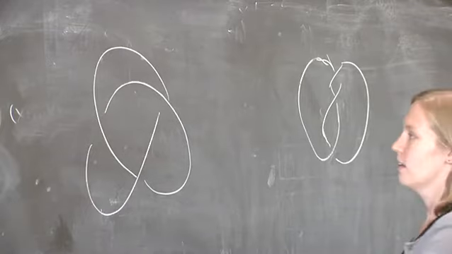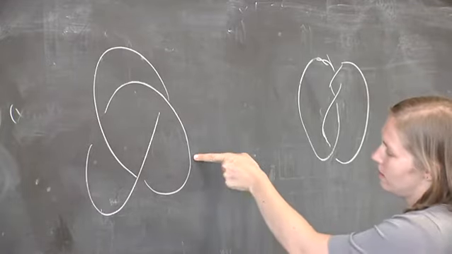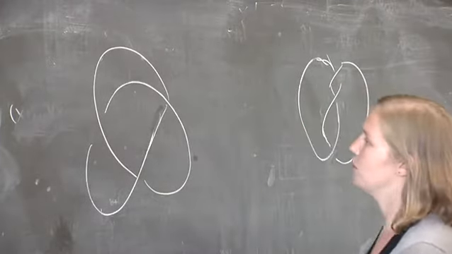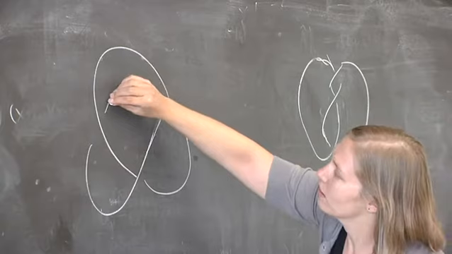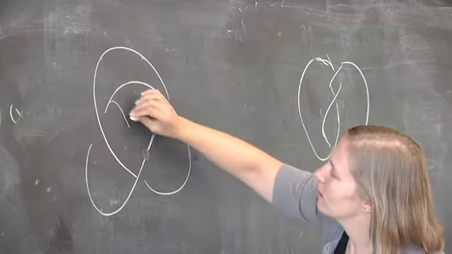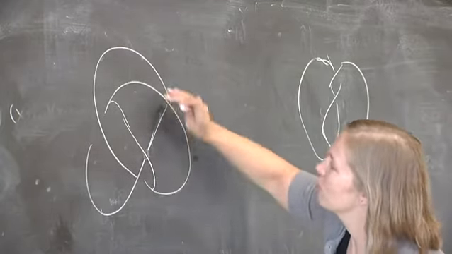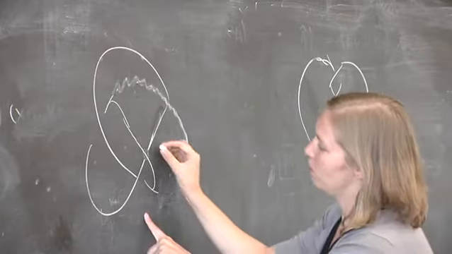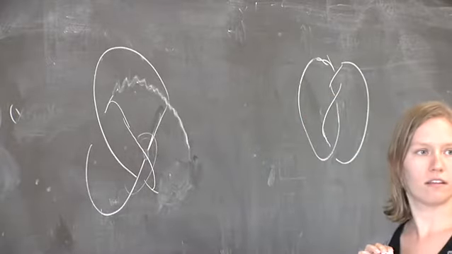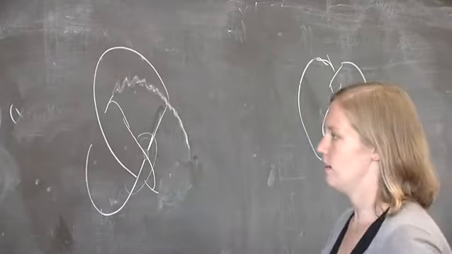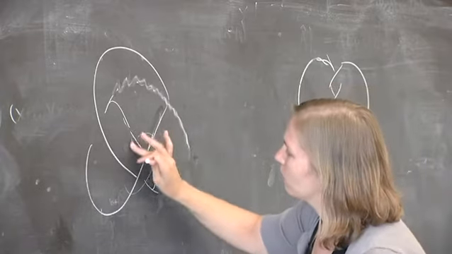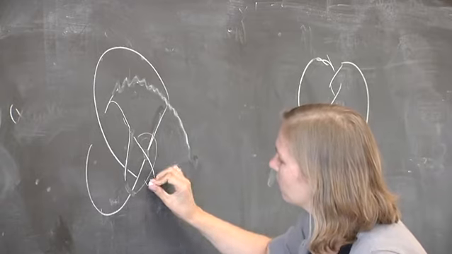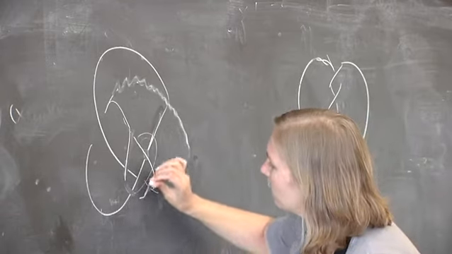I would move this down, so let me show you an isotopy. I would move this strand down to get closer to that guy. Now I'm going to do a 3 on these crossings. So I'm moving this across here. So I get this.